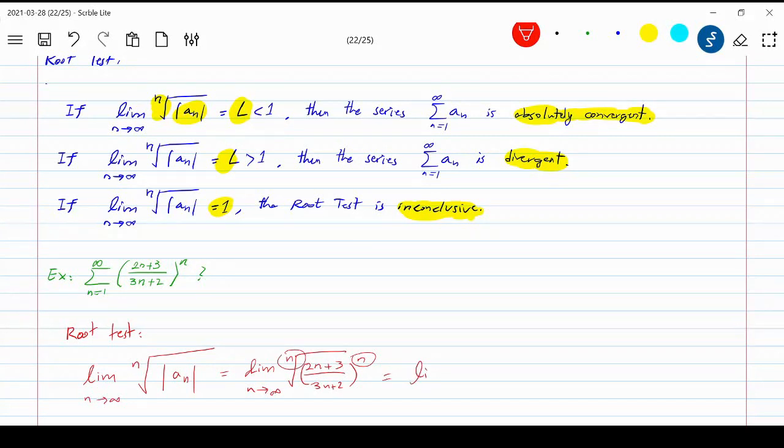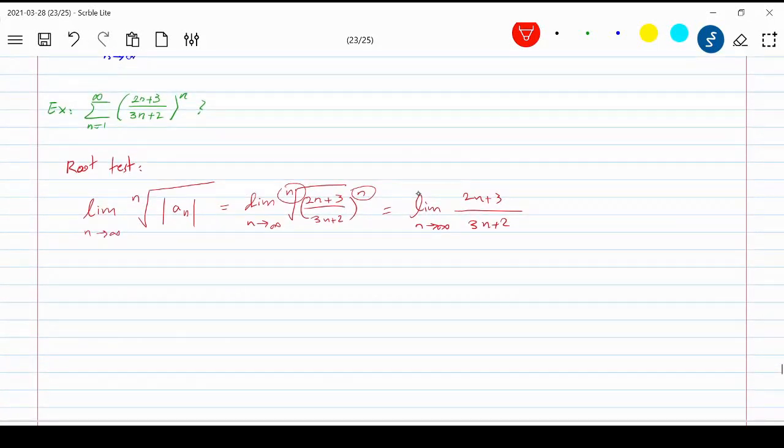So you will end up with a simple limit, (2n plus 3) divided by (3n plus 2), as n approaches infinity. And then you can use L'Hospital's rule by taking the derivative. If you take a derivative, what you get is the limit of 2 divided by 3, and that's simply 2/3.